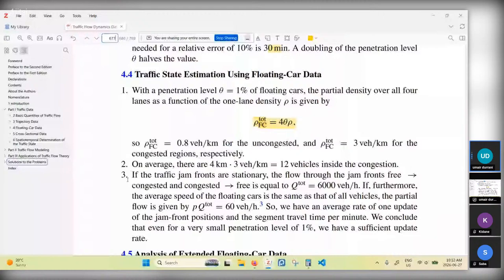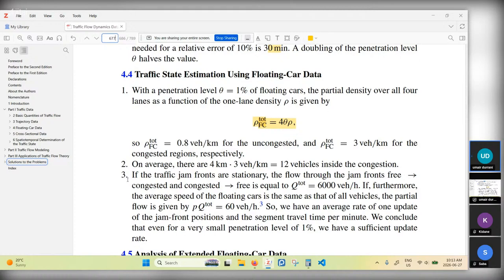So we have an average rate of 1 update of the jam front positions and the segment travel time per minute. We conclude that even for a very small penetration level of 1%, we have a sufficient update rate. Since 1 hour has 60 minutes and we are getting 60 vehicles per hour, that means, as the question told us, that the floating cars are reporting when they are entering the traffic jam front and when they're exiting.